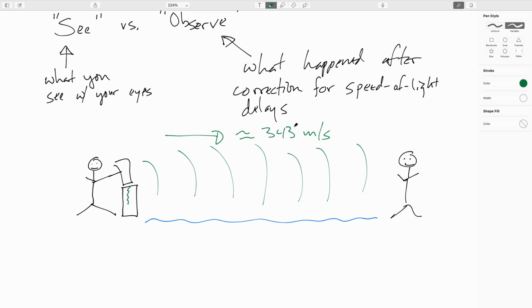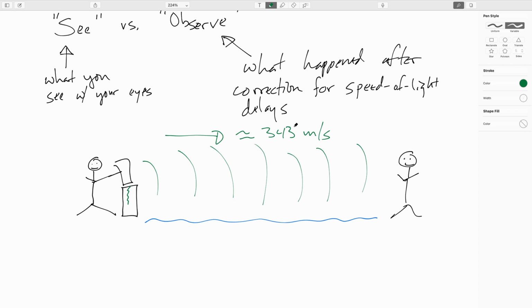So 3 seconds, 1 kilometer, 6 seconds, 2 kilometers, and so forth. If you insist on doing it in miles, it's about 5 seconds for a mile. So 5 seconds means the lightning flash was a mile away. 10 seconds means 2 miles away, and so forth.